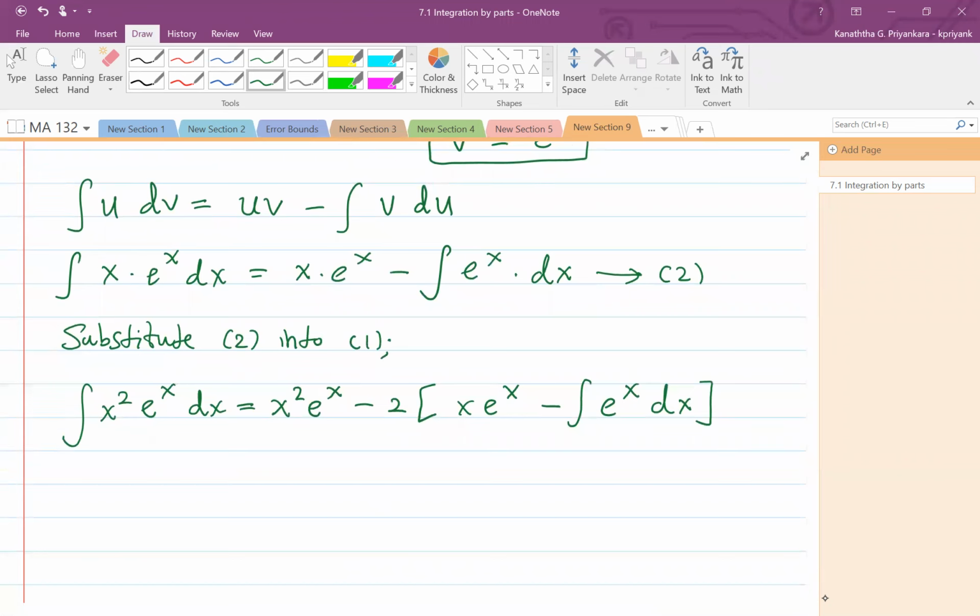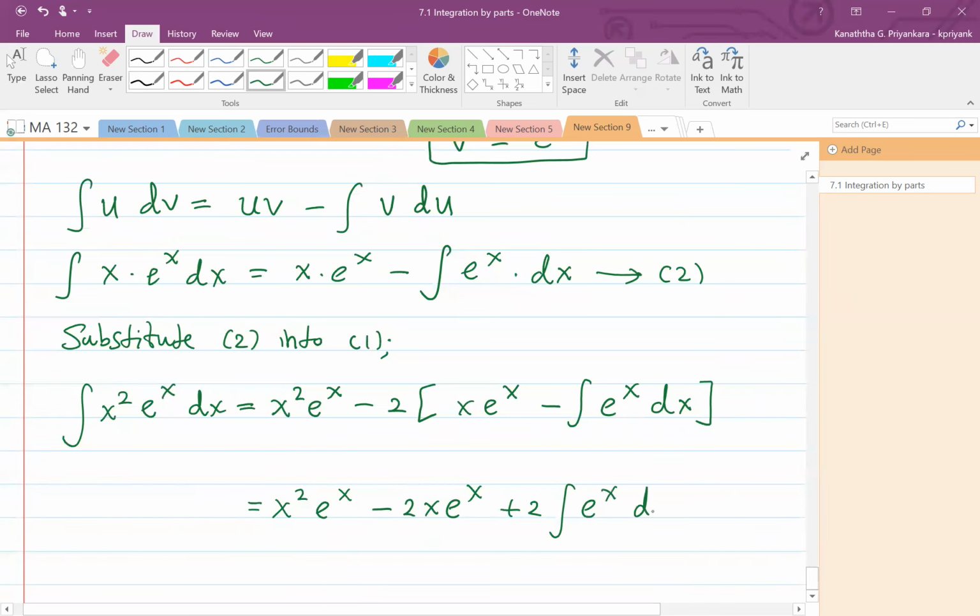Now we can multiply these two terms by negative 2. So we get x squared e to the power x minus 2x e to the power x. If we multiply these two, we get plus 2 times integral e to the power x dx.